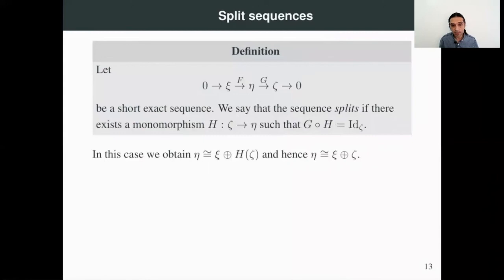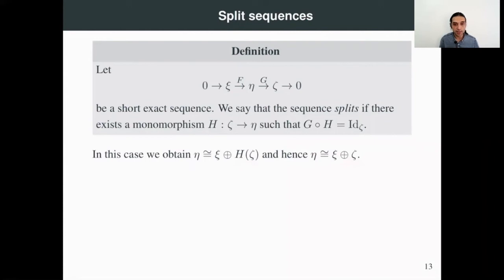In this case, we obtain that eta is isomorphic to this direct sum, and as a consequence, since H is a monomorphism, we get that eta is isomorphic to the direct sum of psi and zeta, right?